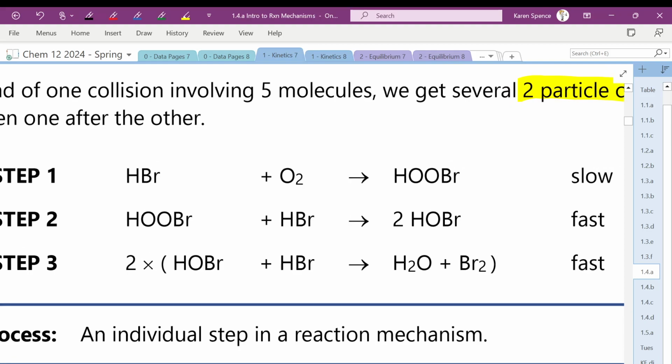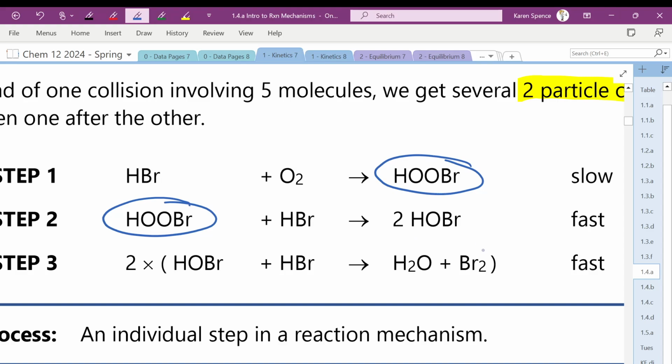Now, quite frankly, I don't actually want any Huber molecules because those are not my products. So this guy actually now goes and reacts, so we get rid of it in the next step. Okay, so the Huber reacts with a second HBr, and we get 2 Hobers. Okay, Hober.